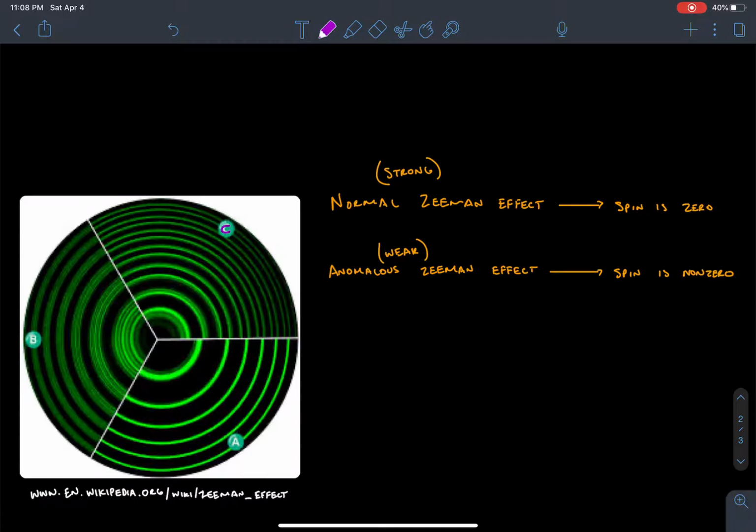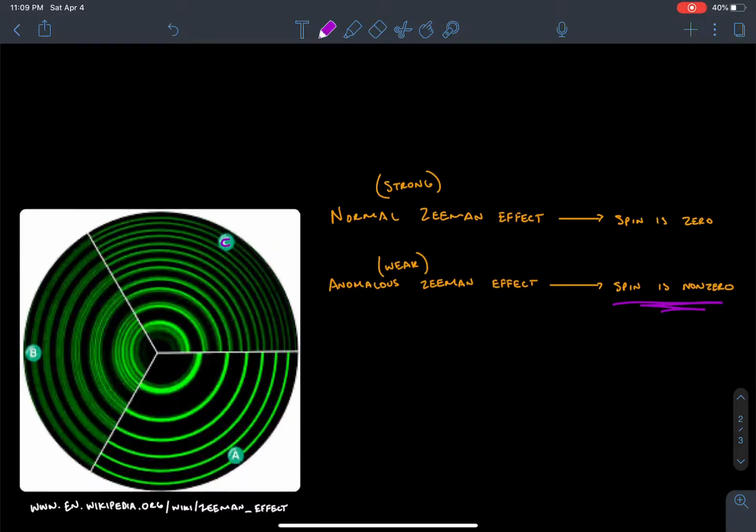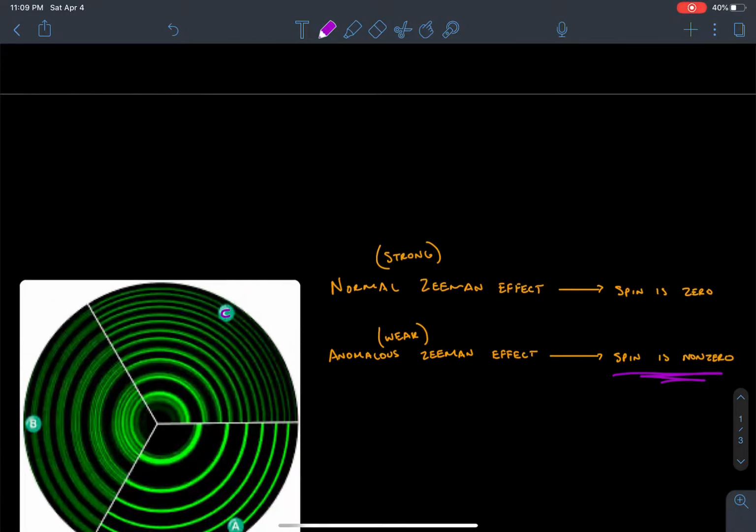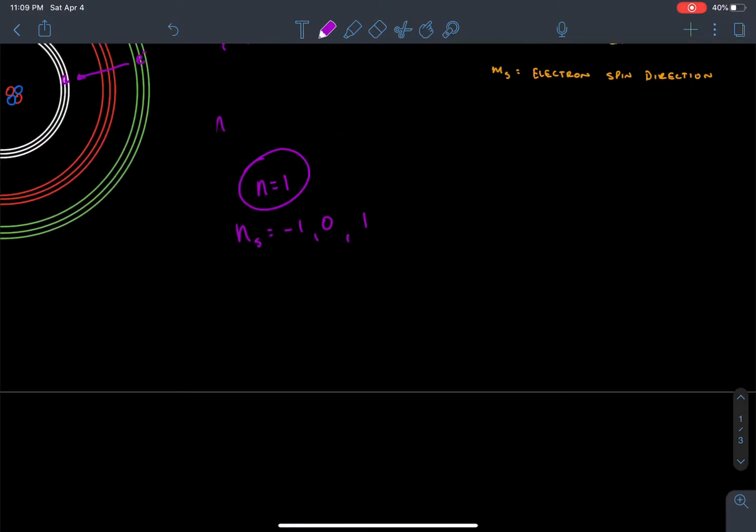But whenever you have a weak magnetic field, and you say that the spin of that electron is non-zero, then you start to experience a lot of really different behaviors with the actual spectral line splitting that occurs. So that's a general overview of what the Zeeman effect is.